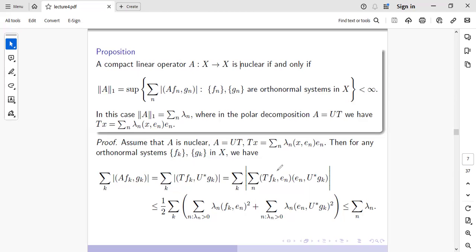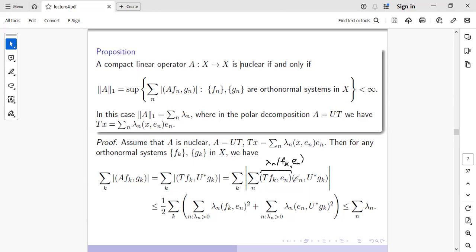Okay, and actually this is equal to lambda_n times (f_k, e_n), because e_n is the eigenvector of T.